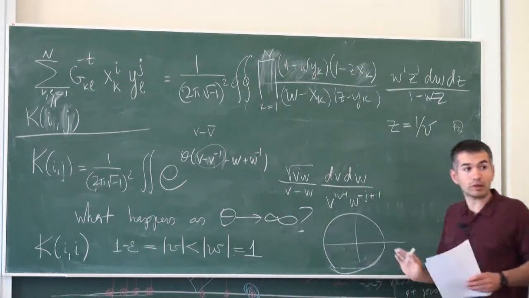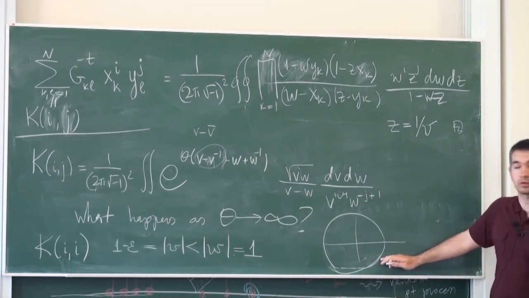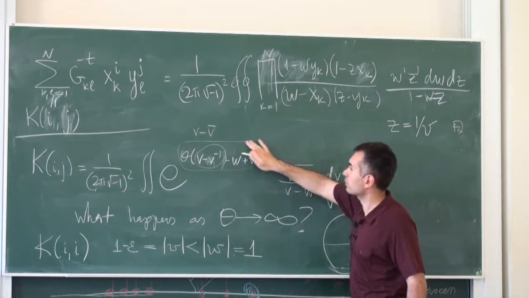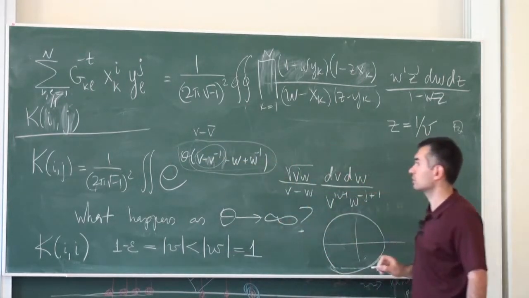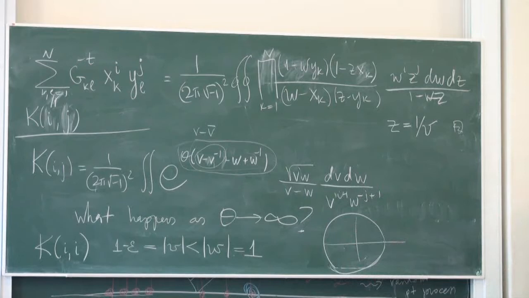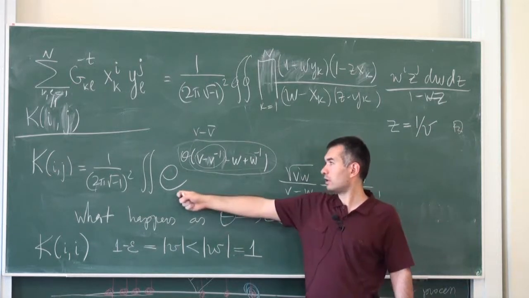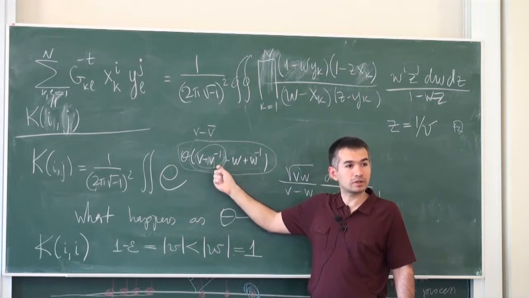What am I going to do now? I'm going to try to deform these contours in such a way that the real part of this function here gets negative. Now, if I manage to do that, what I have here is e to the power theta times a negative number.